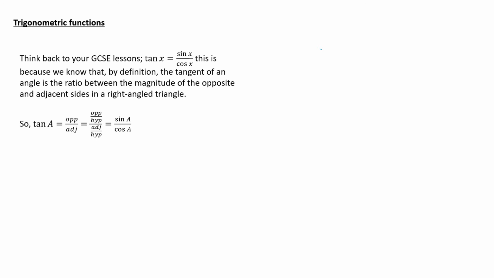But opposite over hypotenuse is the same as sine, and adjacent over hypotenuse is the ratio that gives cosine, the cosine of an angle. So therefore, the tan of any angle is always the sine of an angle over the cosine of the angle. You wouldn't have to produce that under exam conditions, or unlikely, but it's a useful little tool to know.